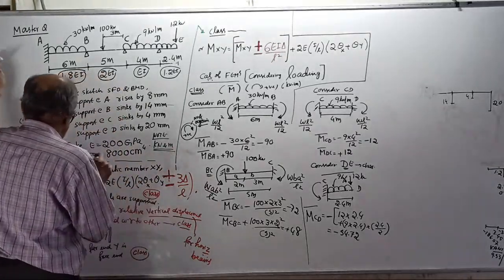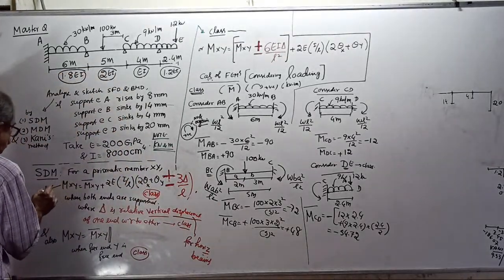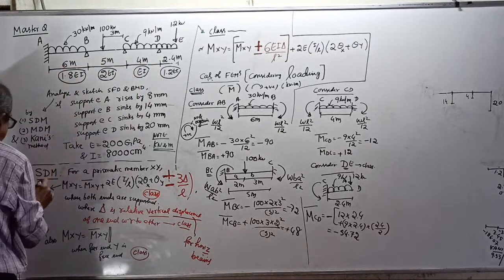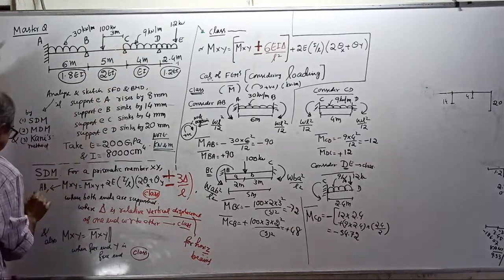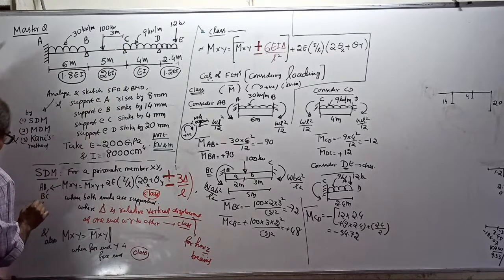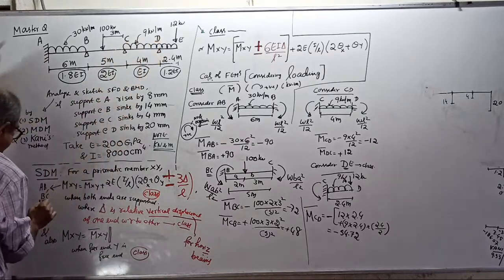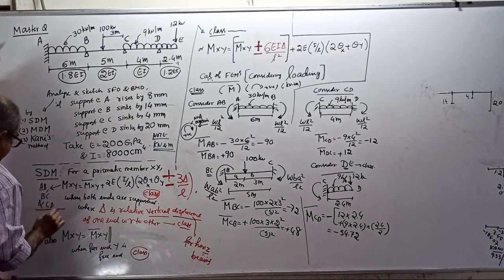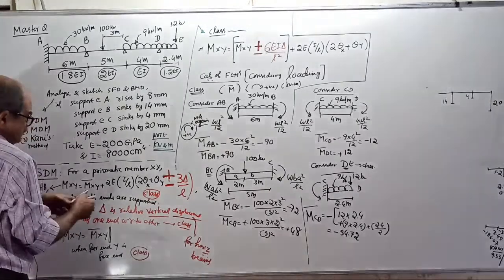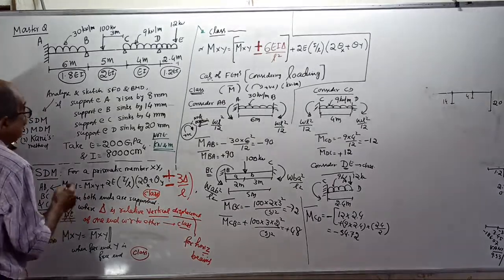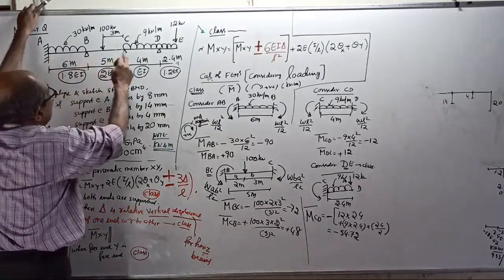Therefore, remember, this equation you can use for AB, BC and CD, but not for DE. Very important. You cannot use this equation for DE. So only when both ends are supported.